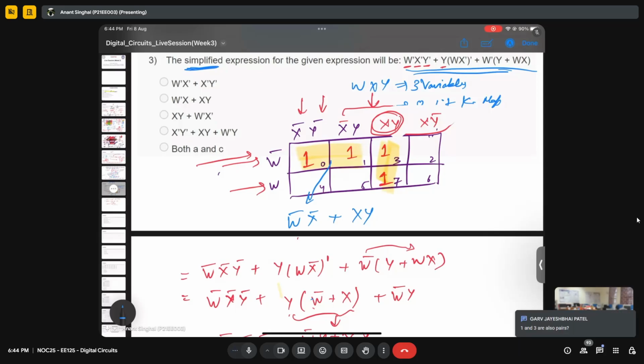Yeah, option C is the correct answer. Here it says both A and C, but W complement X complement Y complement is not there. For that, there should also be a 1 here. So it is not correct. So option C is the correct answer, right?